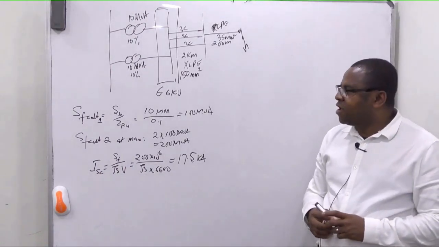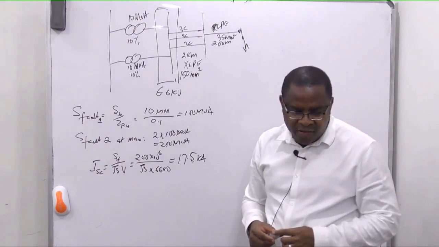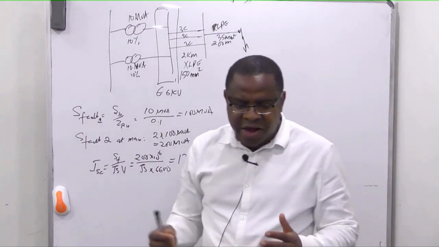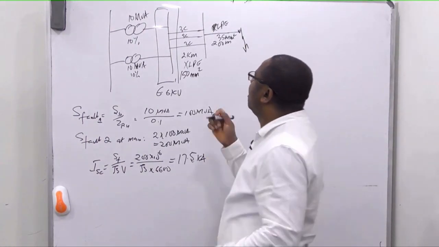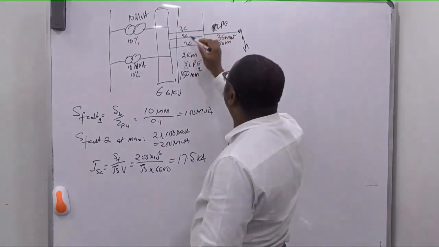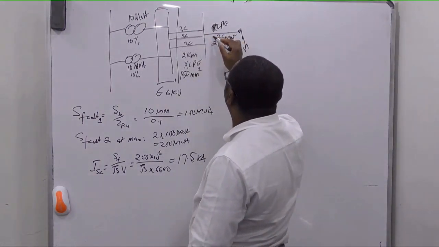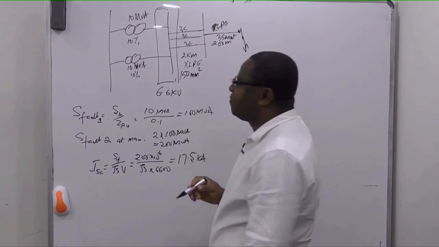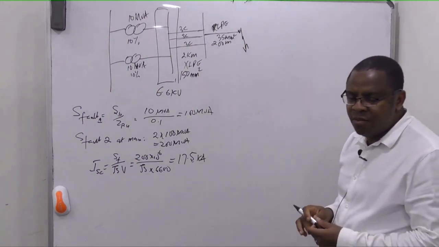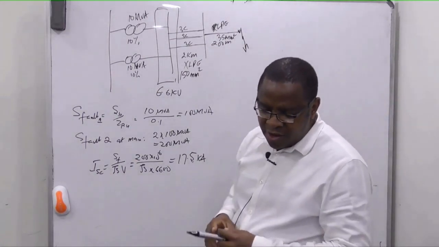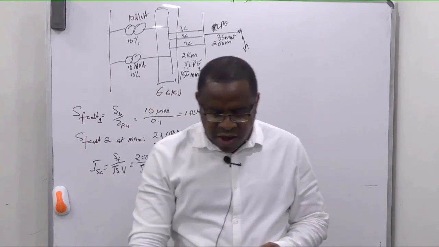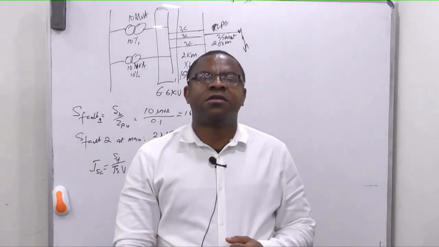Number two, we're asked to calculate the current flowing along each cable. How much is flowing through here, through there, through here, and through there. As I said before, we have many ways of doing it.